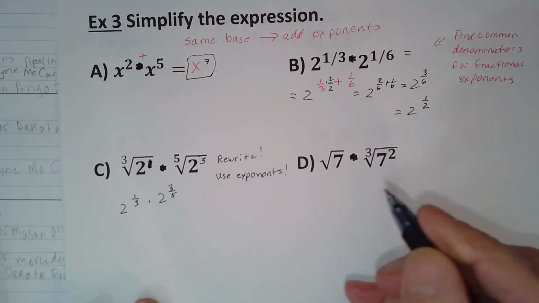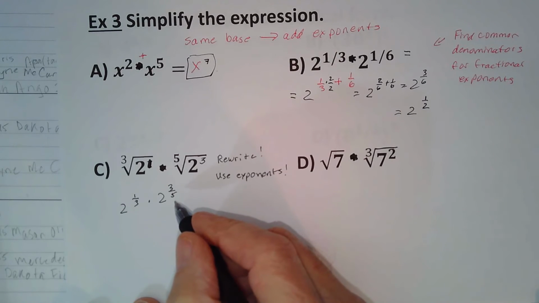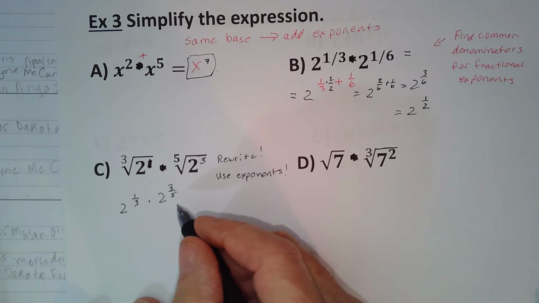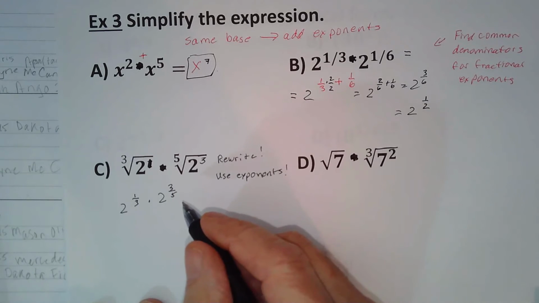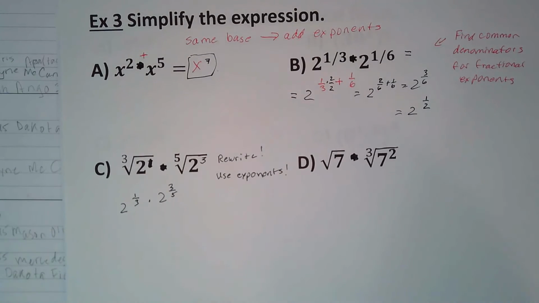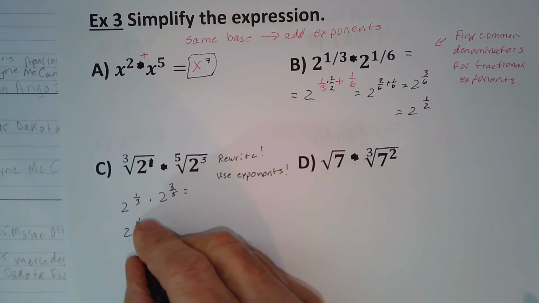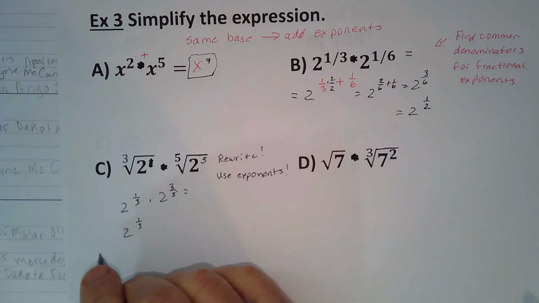Right? Okay, so 1/3 plus 3/5, right? What would that be? So let's think about it. We'll have 2 to the 1/3 plus 3/5.